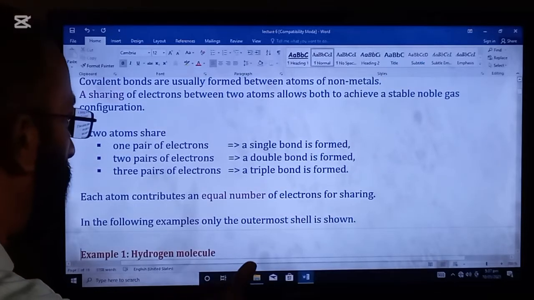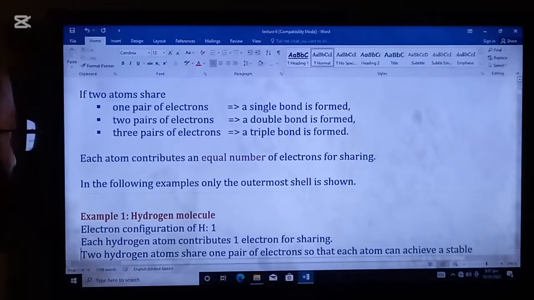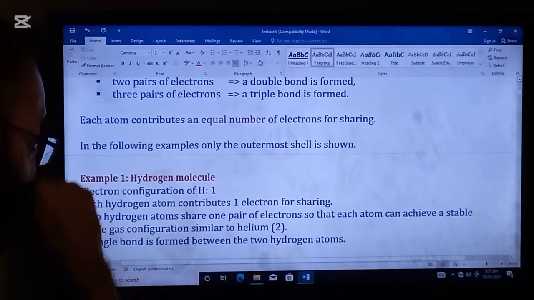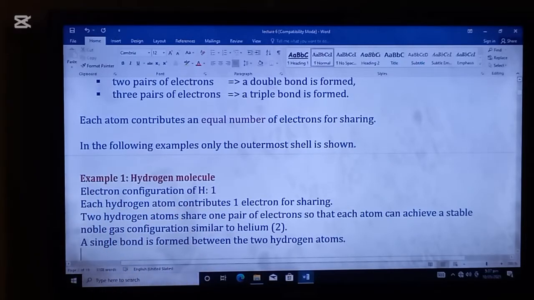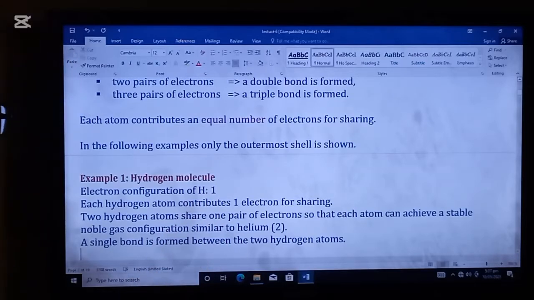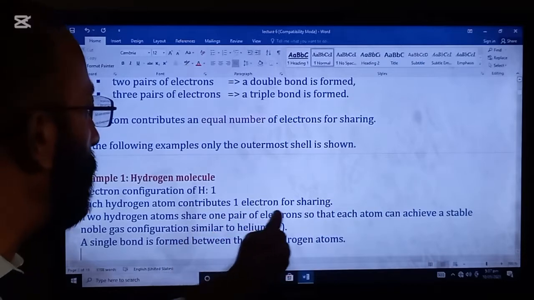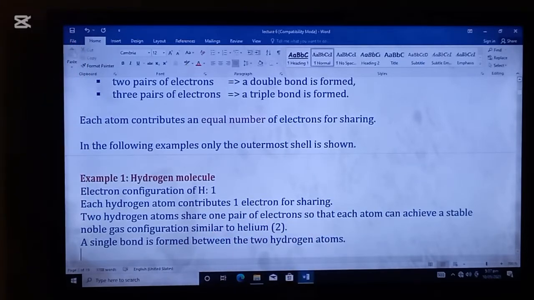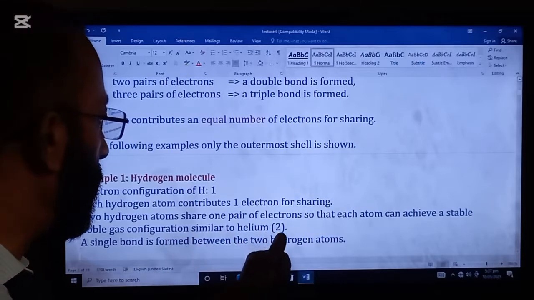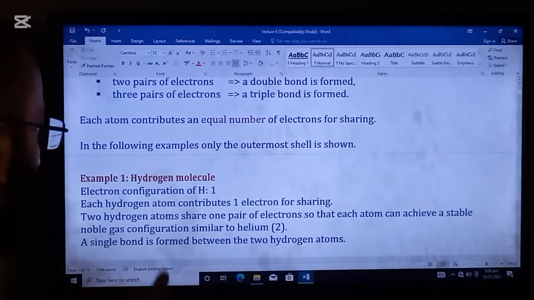In the following examples, only the outermost shell is shown. The first example is the hydrogen molecule. Electron configuration of H is 1. Each hydrogen atom contributes one electron for sharing. Two hydrogen atoms share one pair of electrons so that each atom can achieve a stable noble gas configuration.